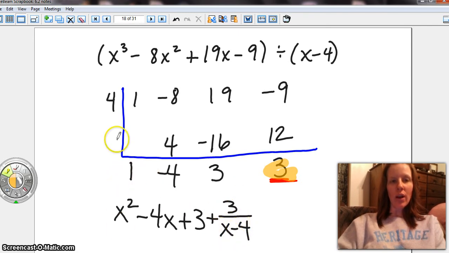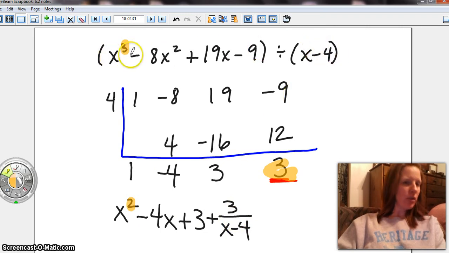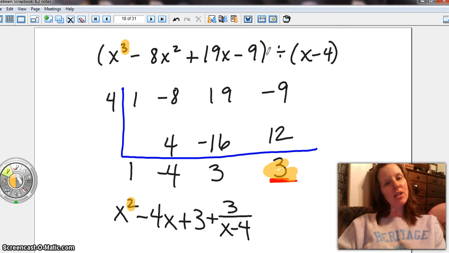So x squared, because I had x to the third right here. Notice the degree drops down to a 2 in your answer. And so x squared minus 4x, because I'm negative, plus 3. Your remainder is 3 over x minus 4. So this would mean that x minus 4 was not a factor of x to the third minus 8x squared plus 19x minus 19.